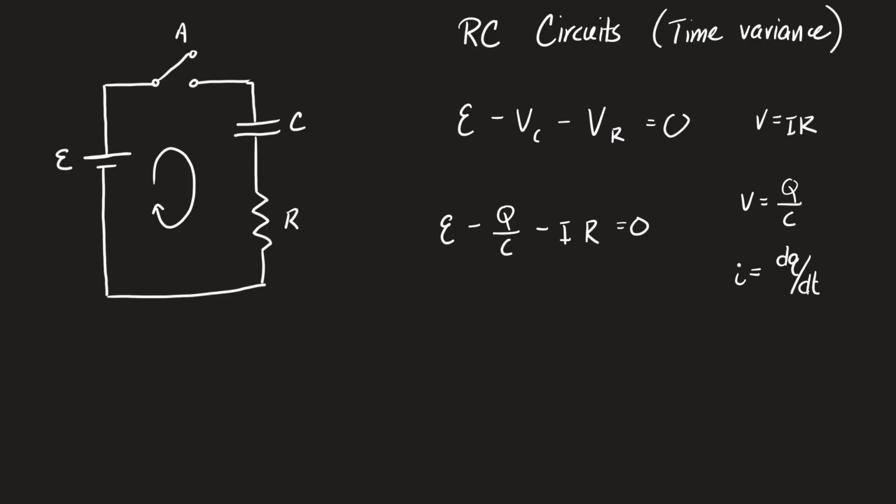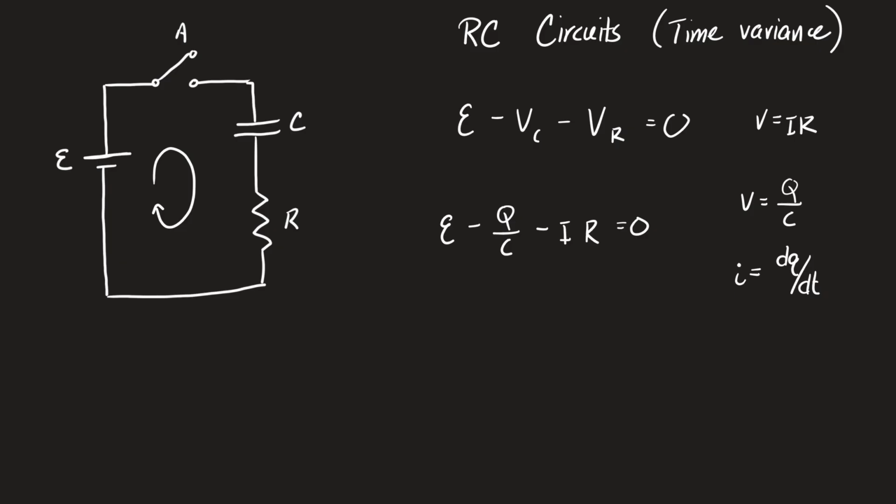Meaning there's a steady state condition in which the capacitor will be fully charged, the maximum amount of charge the capacitor can hold. That is considered a steady state condition, something that the circuit will reach after the capacitor is fully charged. We tend to use uppercase Q to describe those steady state conditions. But up until that time, the capacitor's charge will be starting from 0 and changing over time until the capacitor comes to full charge.